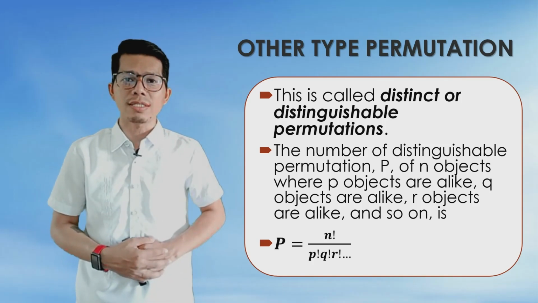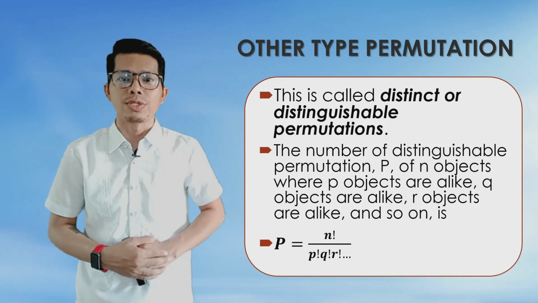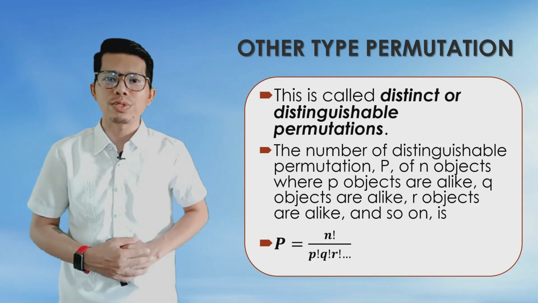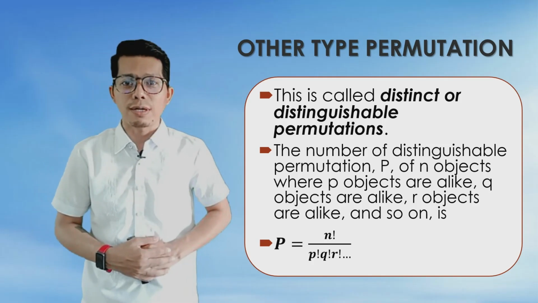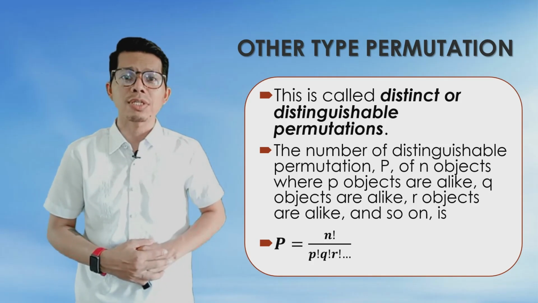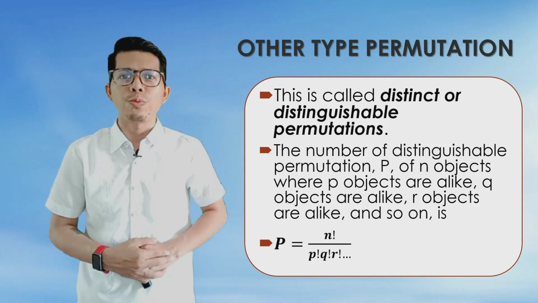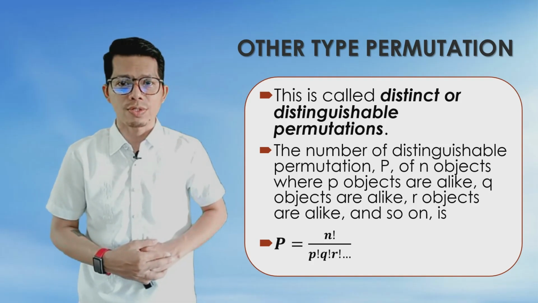So this is a distinct or distinguishable permutation. This will be the formula that we are going to use to solve example number 3. Distinguishable permutations can only be used for those objects with repetitions or duplications.